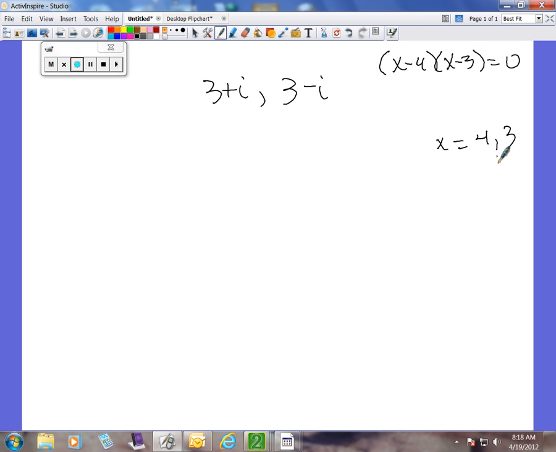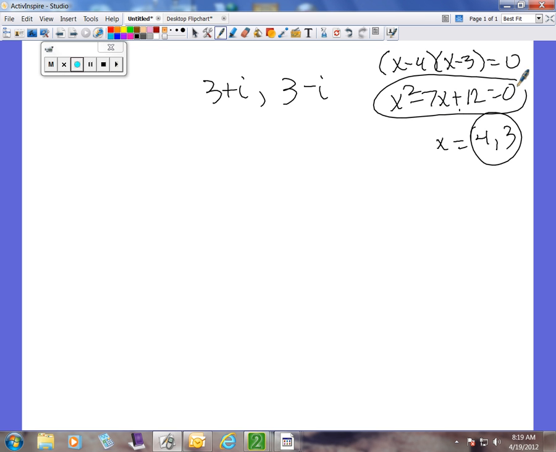So let's say I was given these to begin with, and I want to write the equation they came from. So I'd put 4 back in here as x minus 4, wouldn't I? I put 3 back in here as x minus 3. Then I'd have to FOIL this. So this would end up being x squared minus 7x plus 12 equals 0, and that's the equation that these came from.